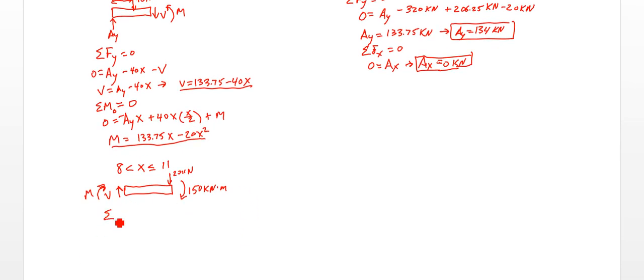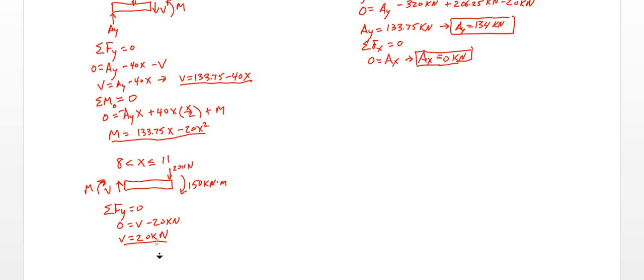So if I add up my y forces, they have to equal 0. So 0 equals V minus 20 kilonewtons. I don't have any position dependence on that. So V equals 20 kilonewtons.